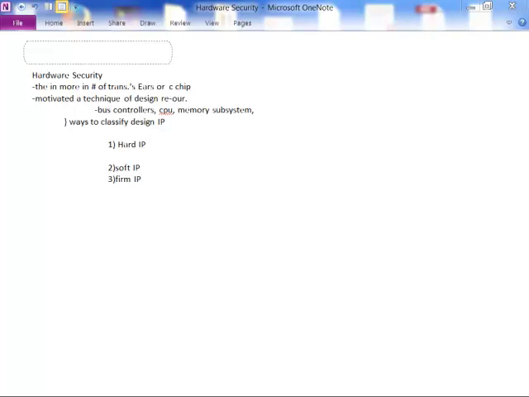Okay, so why do we want to secure design IP? Well, given that we're going to have a reuse-based design, the intellectual properties are designed not only for some initial use, but also with reuse in mind. So hardware IP vendors work to make sure that their intellectual property is flexible so that it can be used in other designs. And the reason they do this is because they have a profit motive.